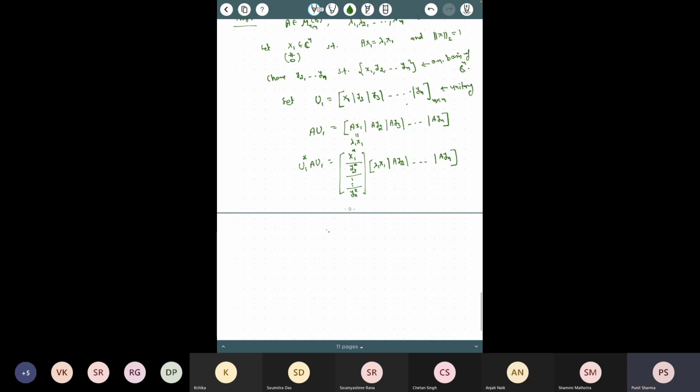So can you tell me what would be the first column of this product, the product of this matrix and this matrix here?